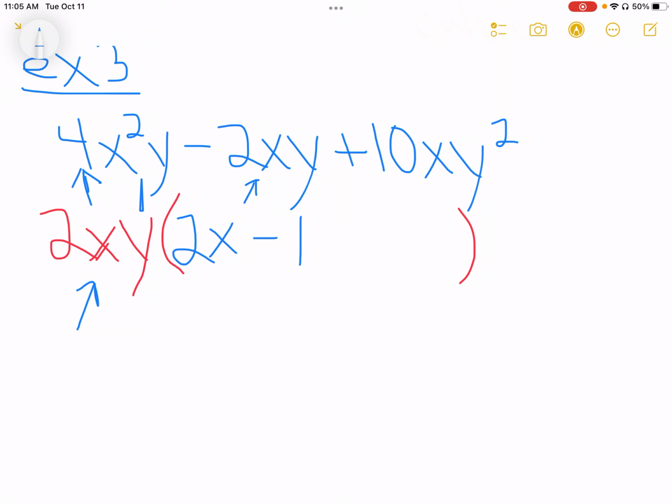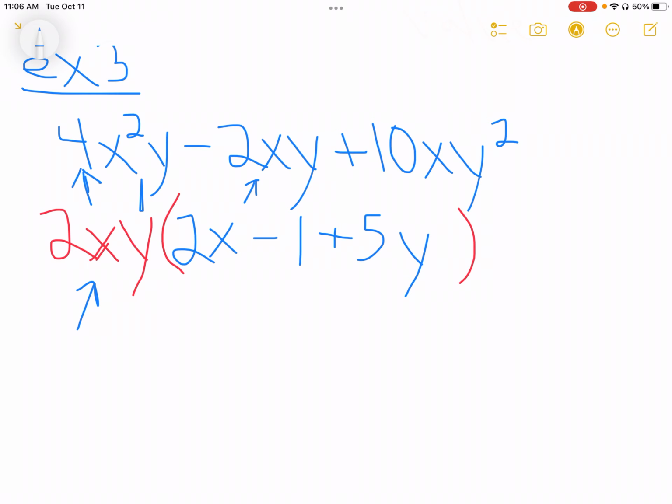So 2x minus 1, and this last one we have plus, and 2 times what equals 10? 5. Or I can do 10 divided by 2, and that'll give me 5 as well. I have 5. I have 1x there, so I divided 1x out, so I don't have any x, and then I have y squared, but I only factored out 1y, so I'll end up with plus 5y, right?